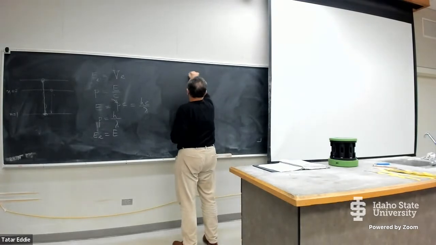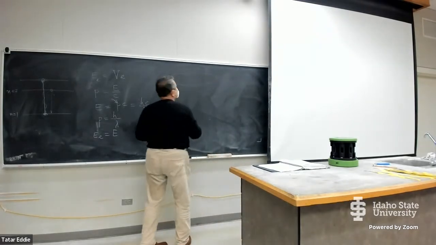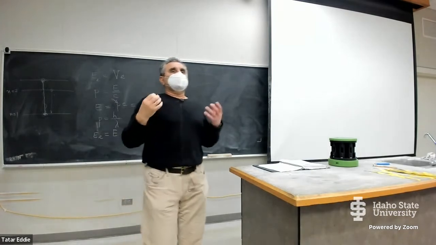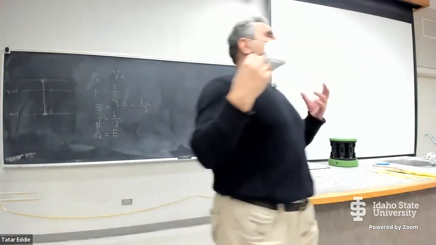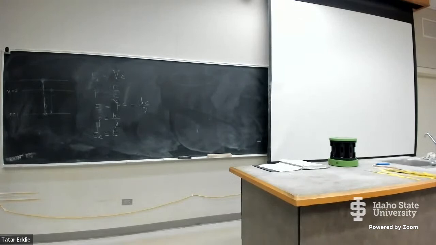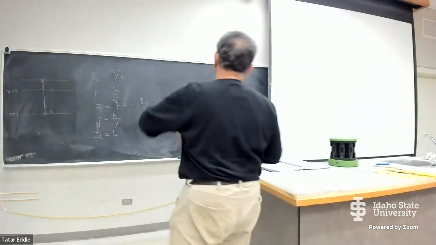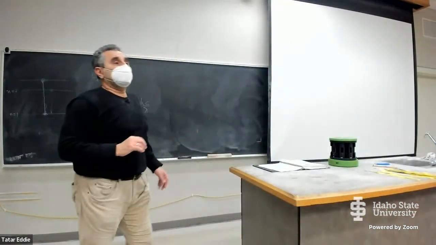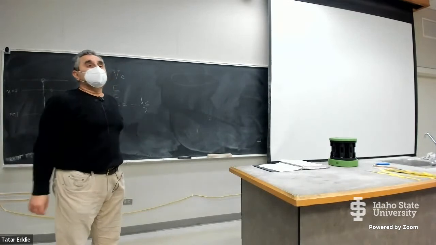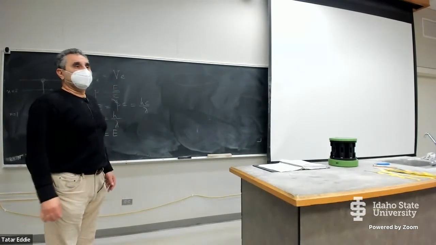The active material could be some solid crystal, or it could be gas. Let's say that this active material in this cylinder is some gas, let's say neon or some other gas.